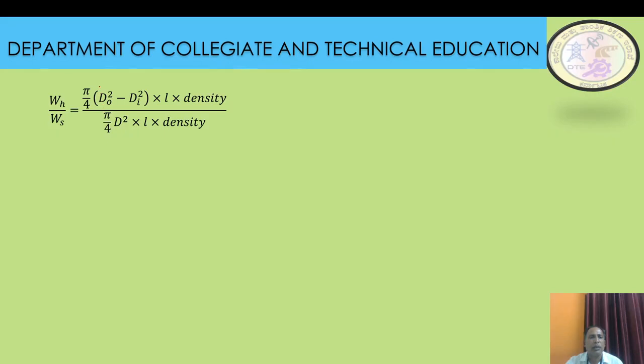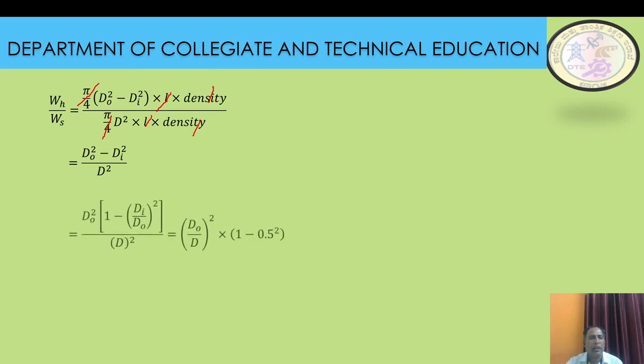So pi by 4 in the numerator gets cancelled with pi by 4 in the denominator, and L gets cancelled with L, and the density is the same, so it also gets cancelled. So WH by WS is equal to (dO square minus di square) divided by d square, and as the internal diameter is half of the external diameter, di by dO is 0.5.